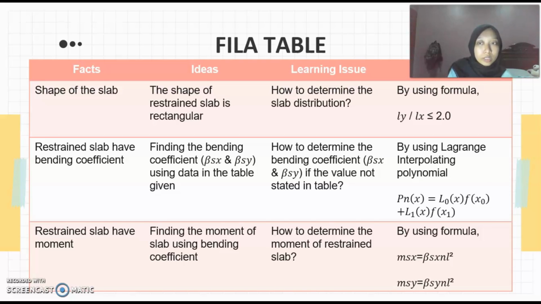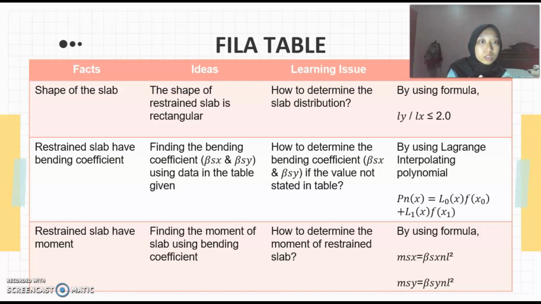So for the second one, a restrained slab has bending coefficient. So the idea is finding the bending coefficient, which is beta x and beta y, using data in the table given. So the learning issue is how to determine the bending coefficient, beta x and beta y, if the value is not stated in the table.